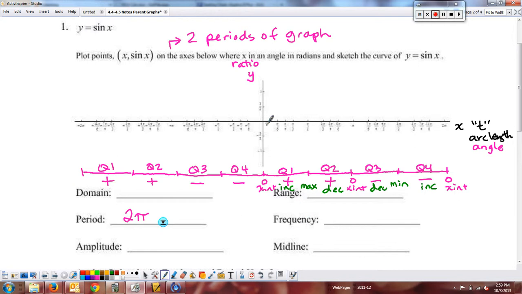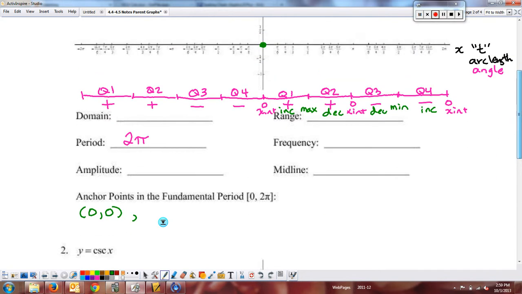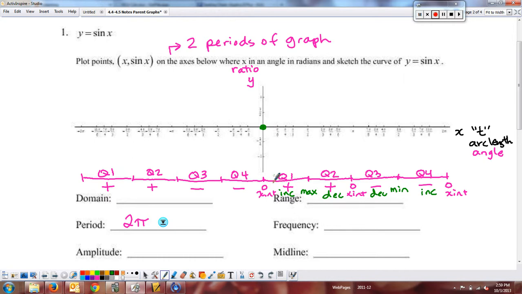So let's think about what we have here. I'm going to put some key points in. I know that at an angle of 0, the sine ratio is 0. I'm going to add down here anchor points. 0, 0 is going to be one of them. All right, the next point that was important, we're going to be increasing here throughout quadrant 1.